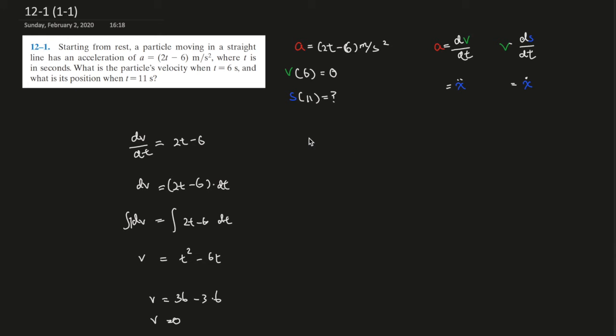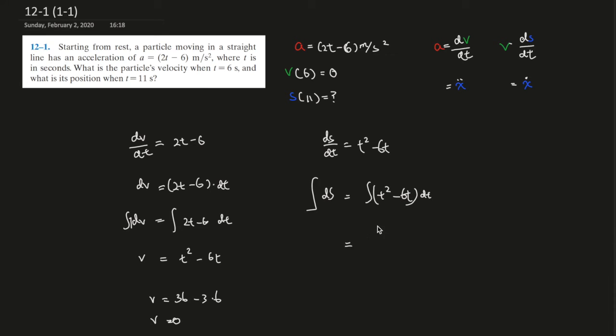And now let's take the integral again. We already calculated what v is, so now it's ds/dt, which equals v, right? It equals the equation we just calculated, t squared minus 6t. Taking the integral of ds, the integral of t squared minus 6t dt, right?